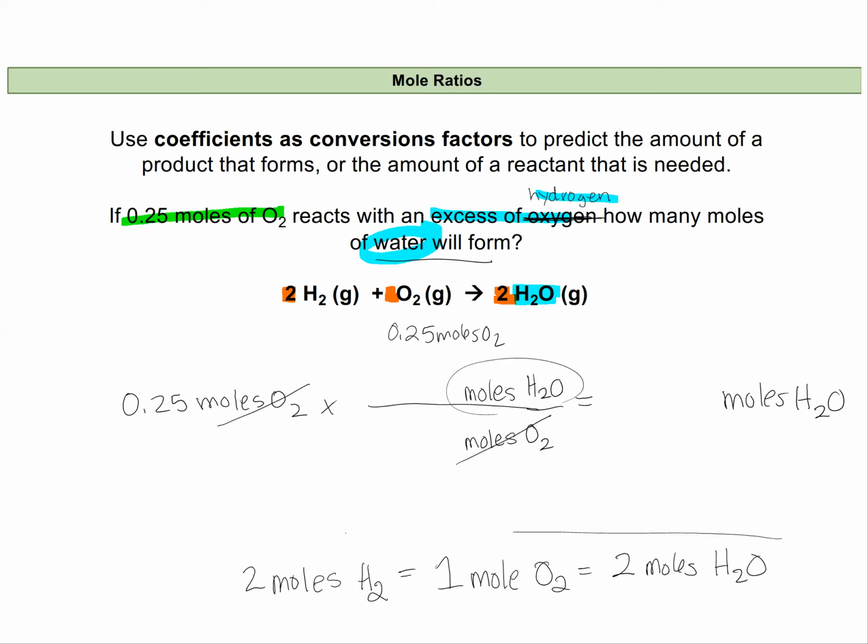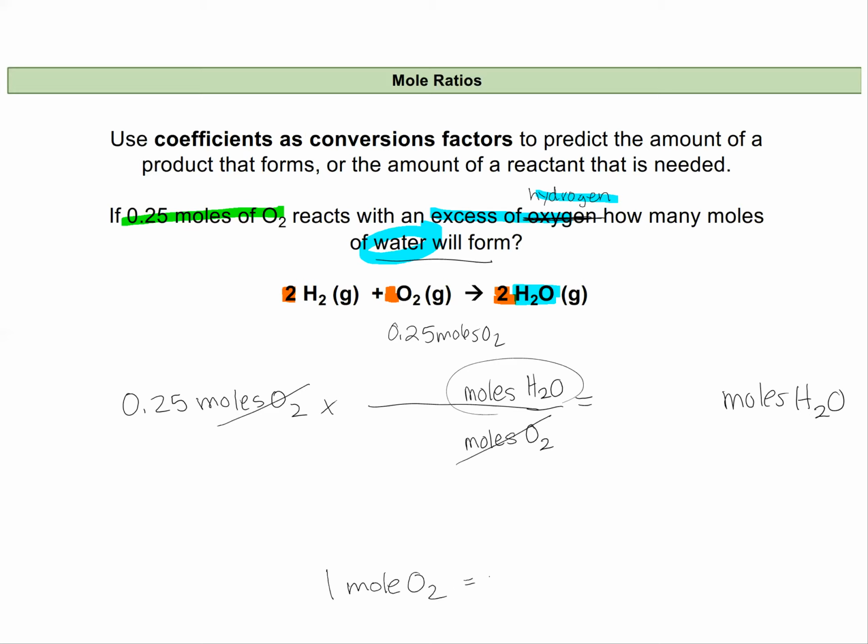And I can use this conversion factor to solve a lot of problems. The one we're going to use is that 1 mole of oxygen is equal to 2 moles of water. And again, these are just coming from the coefficients. When there's no coefficient, it's really a coefficient of 1.